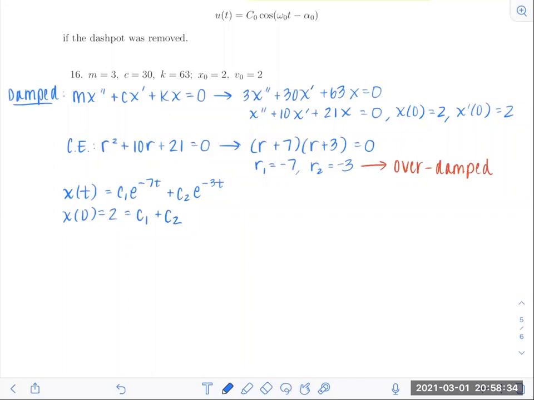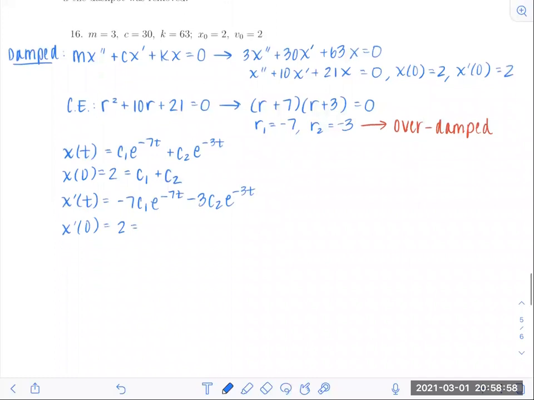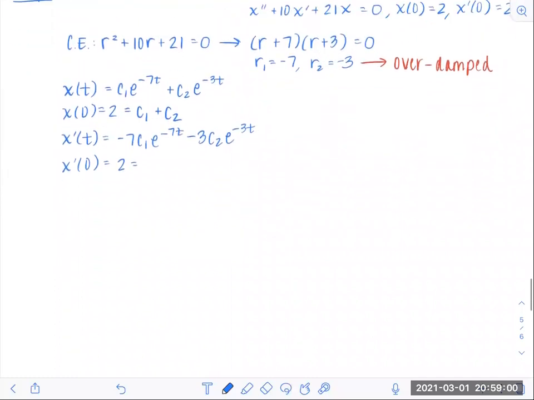Now that's not enough information to solve for C1 and C2, so let me use the second initial condition. x prime is going to be negative 7 C1 e to the negative 7t minus 3 C2 e to the negative 3t. So here's our x prime of t, and let's plug in 0. We get 2 out, and that is negative 7 C1 minus 3 C2. Now we just need to solve this system.